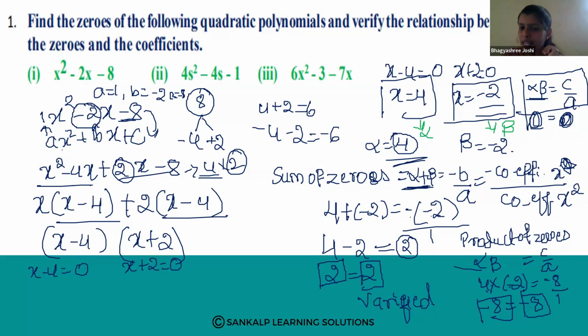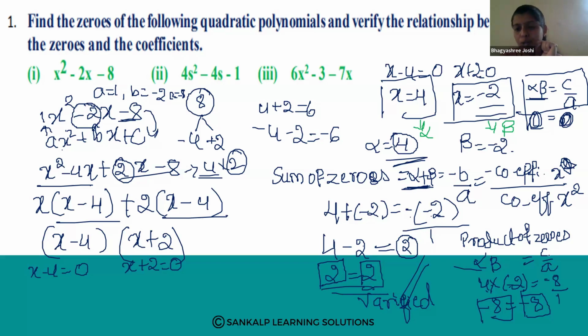So minus of minus 2, divided by the value of x square coefficient, which is 1. Plus into minus, 4 minus 2 is 2. Minus into minus is plus, 2 divided by 1 is 2. Therefore both the values are same. It is verified. Similarly we will check in case of product.